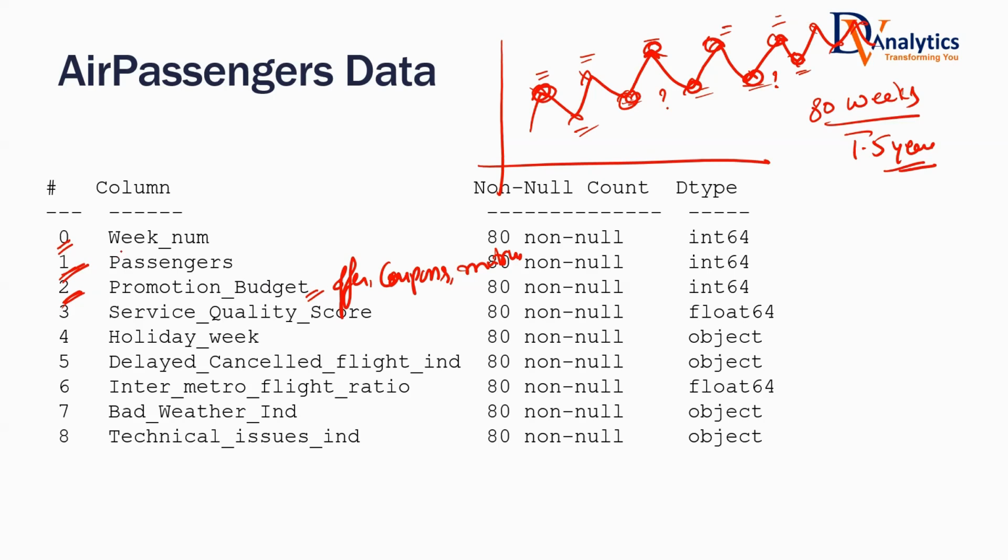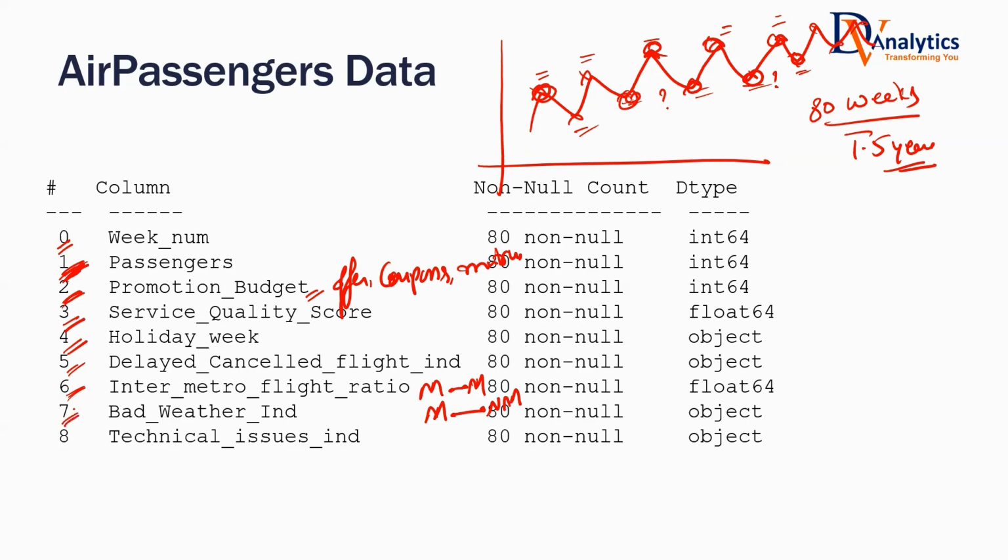Promotional budget impacts passengers. Service quality score versus passengers. Holiday week versus non-holiday week: does it impact passengers? Delays, cancellations from our side: does it impact the passengers? Inter-metro flight ratio: there are flights between metro to metro cities, and flights between metro to non-metro cities. Does it impact the passengers?